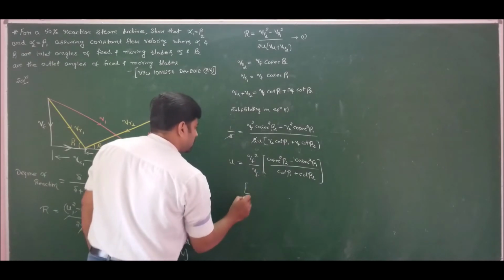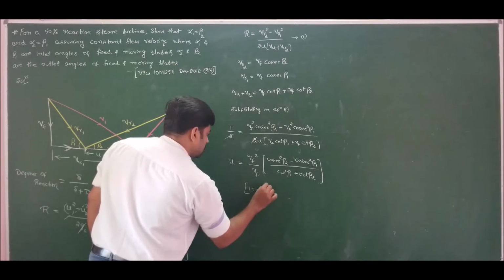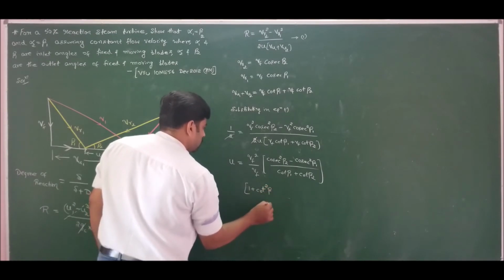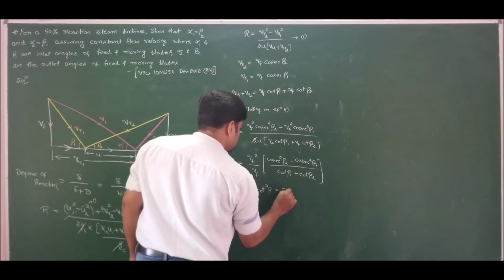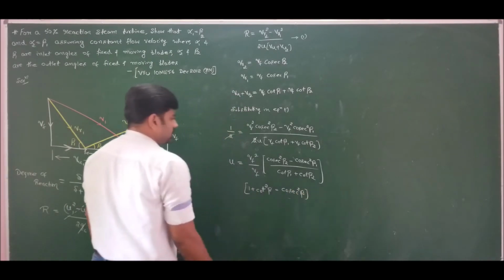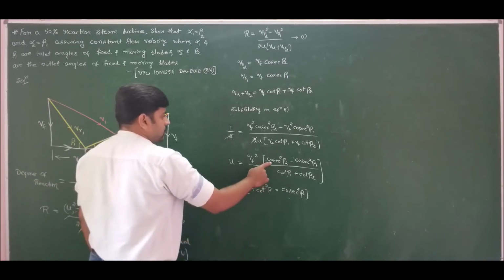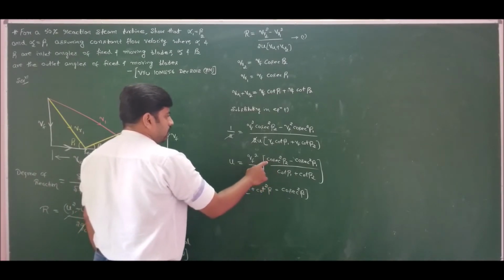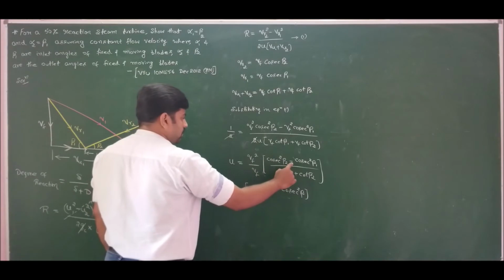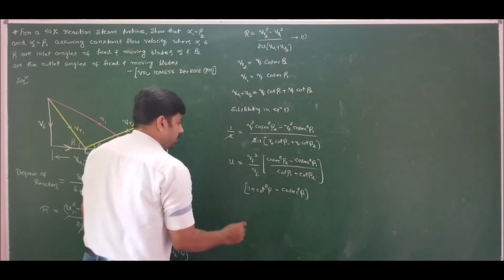Now from trigonometric relations we know that 1 plus cot square theta is cosec square theta. So 1 plus cot square beta is nothing but cosec square beta. Substituting this, I get 1 plus cot square beta 2 minus 1 minus cot square beta 1.